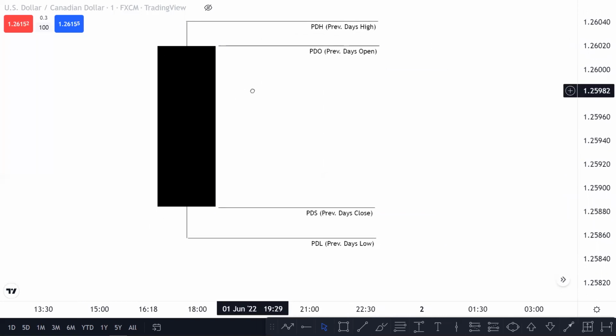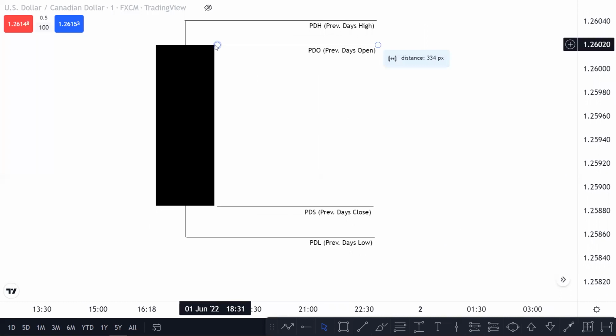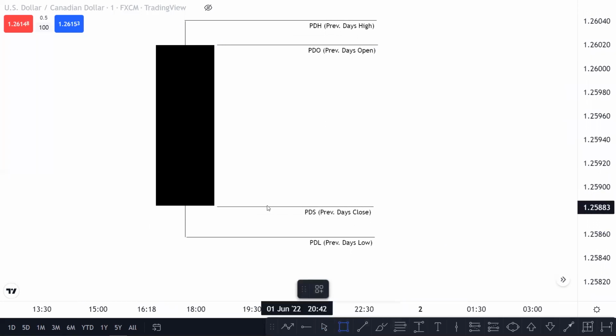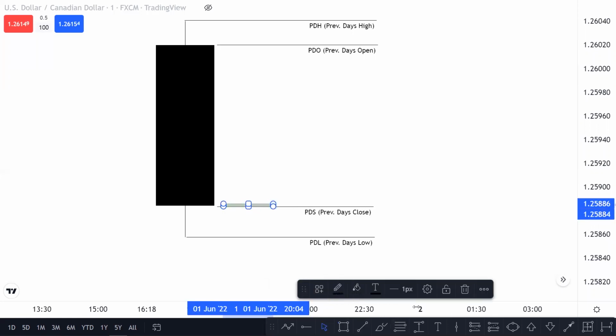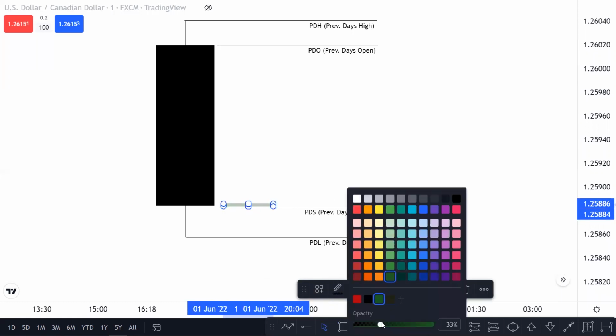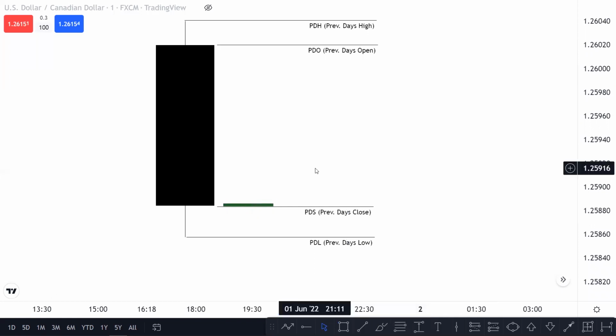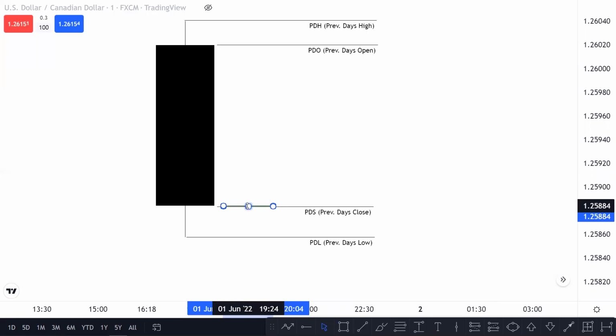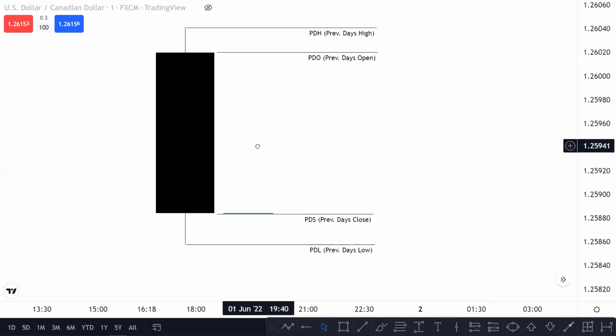So let's say we are in a downtrend or the previous candle was a down close candle or bearish candle. Definitely the previous day's close will be the open of this day. This is what you look for. If price opens there, I am not looking at any other thing.